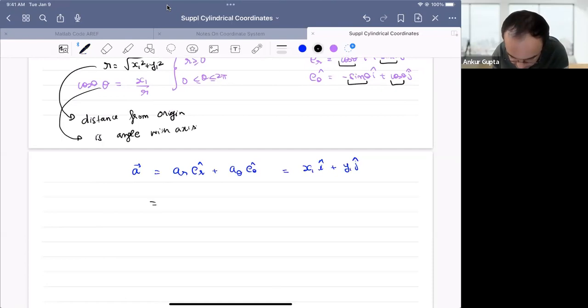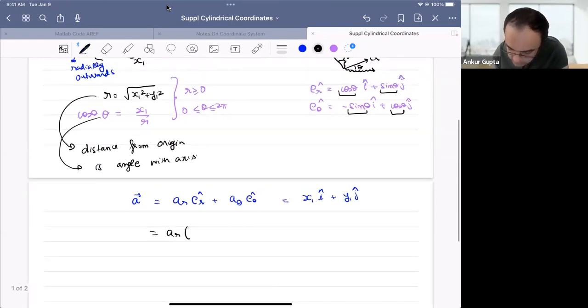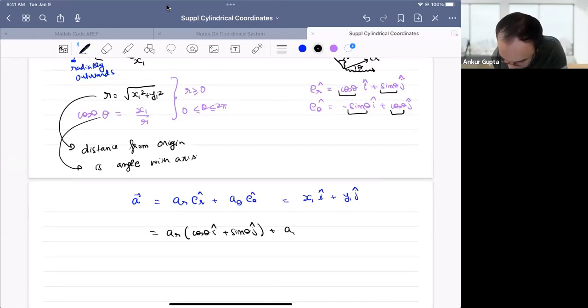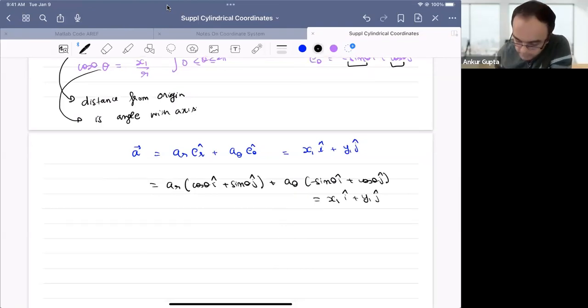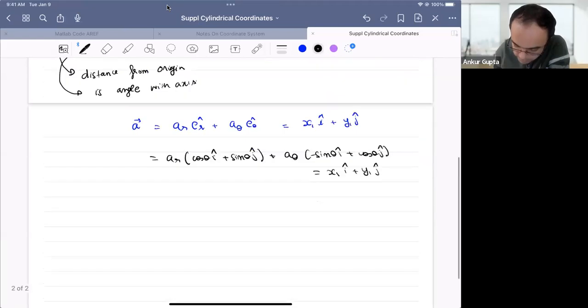So I will say A_r, I'll convert it, I'll put these values: cos theta i hat plus sin theta j hat, plus A_theta into minus sin theta i hat plus cos theta j hat, is equal to x1 i hat plus y1 j hat. All right, so this is what I have. I have the full point, expanded in e_r hat and e_theta hat.